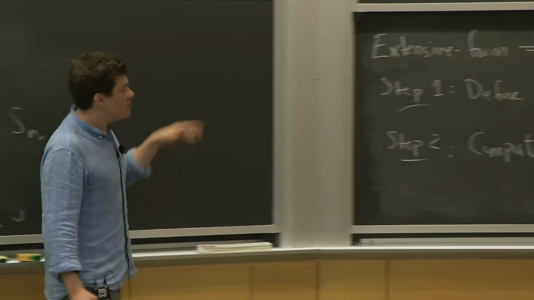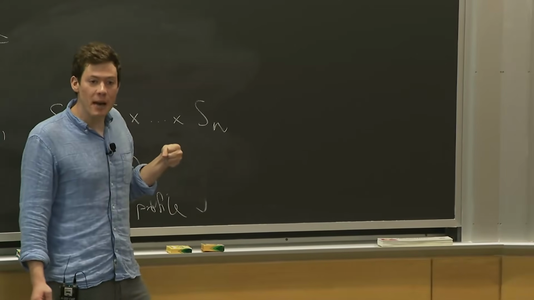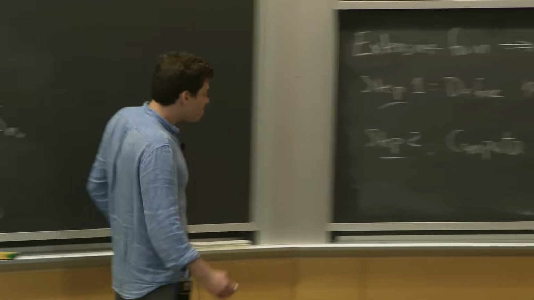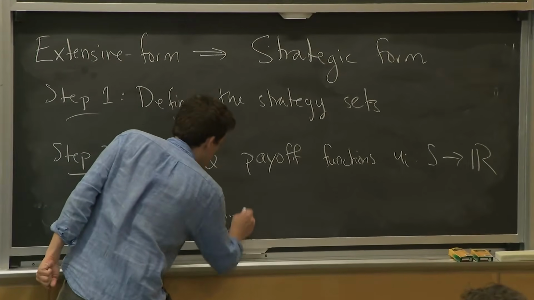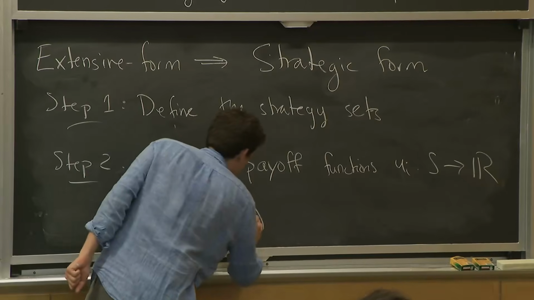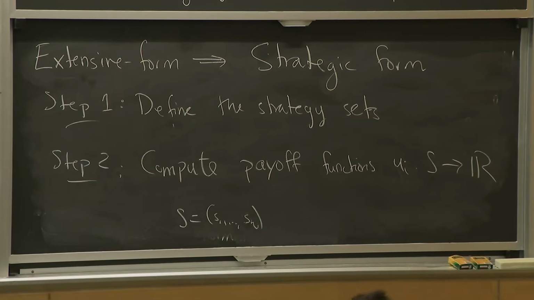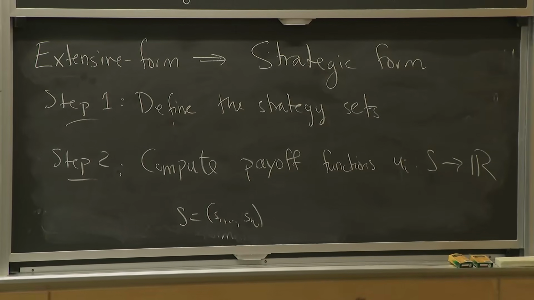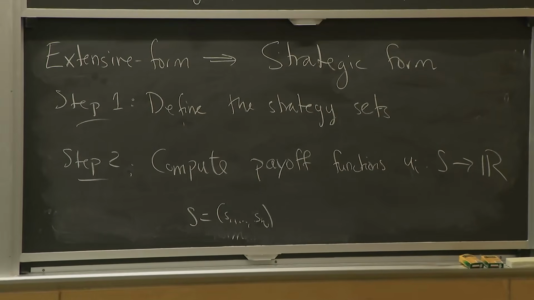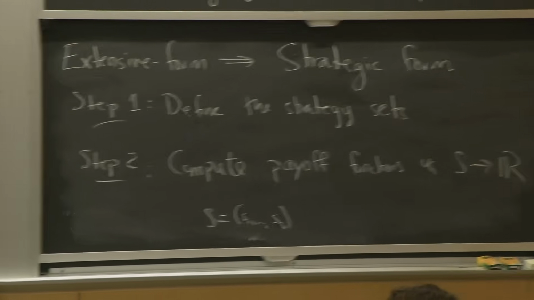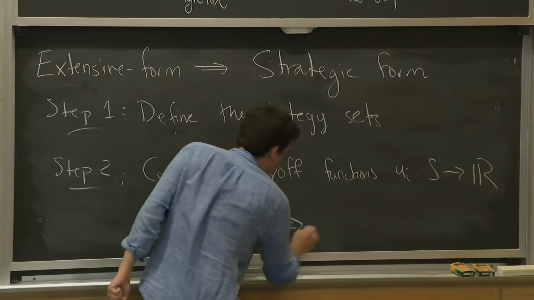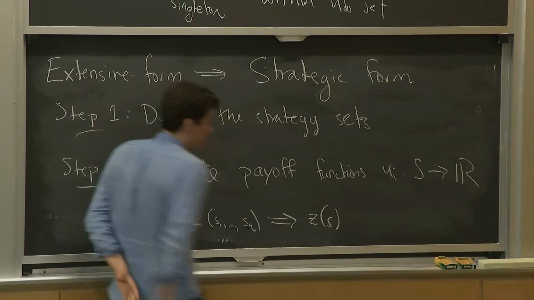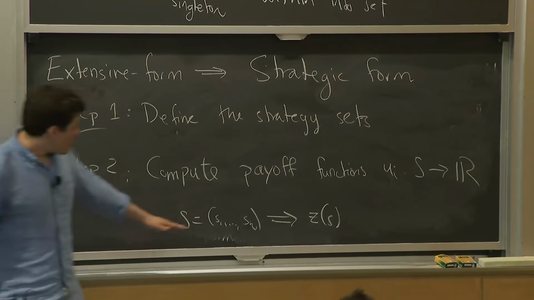So how do we do that? Let me give you a maybe somewhat cryptic formula, and then we'll do an example to see how we do it. But the key is that if we focus on a particular strategy profile s, that is going to induce, in the extensive form game, a lottery over terminal nodes. It's going to induce a lottery over consequences. So maybe I'll write z(s), and I'll show how that happens.